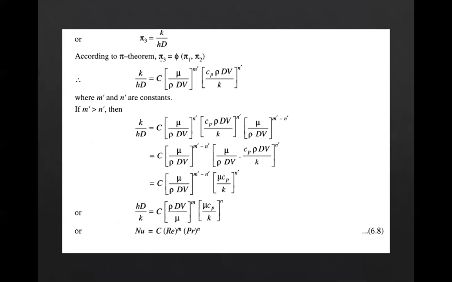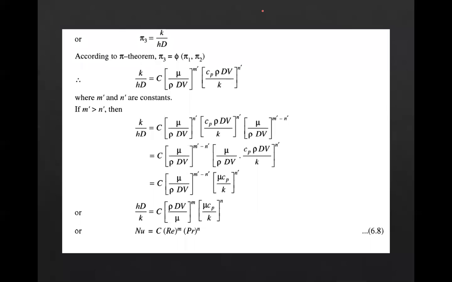According to the pi theorem, pi 3 is equal to phi of pi 1 and pi 2. That means k upon h d is equal to C into mu upon rho d V raised to power m dash, into Cp rho d V upon k raised to power n dash.